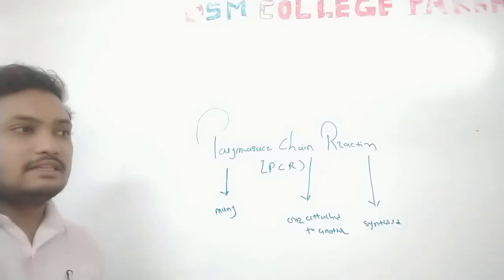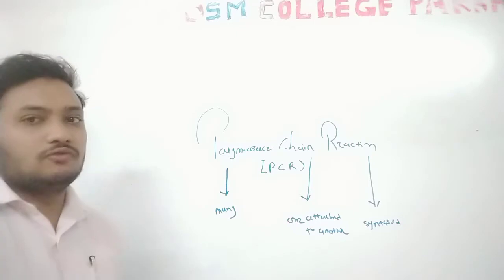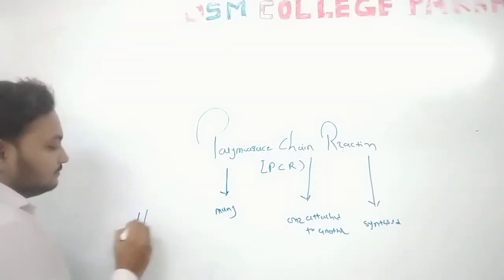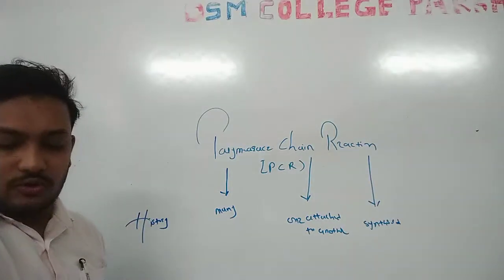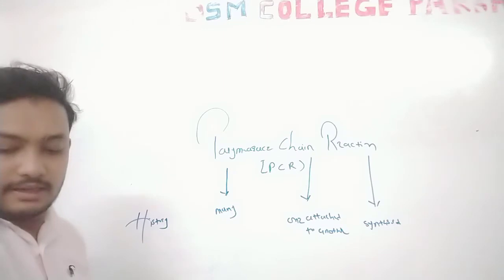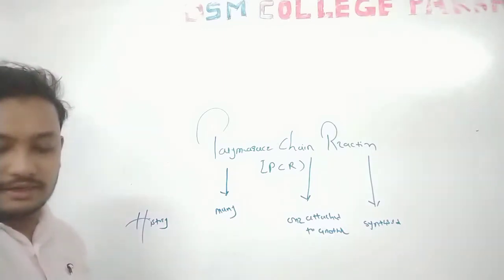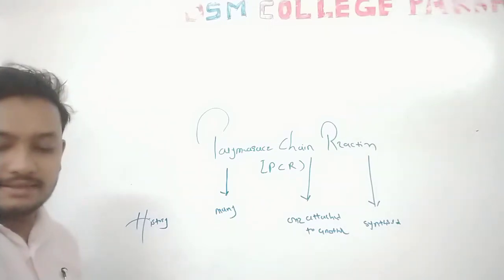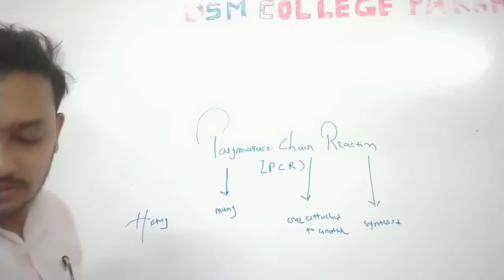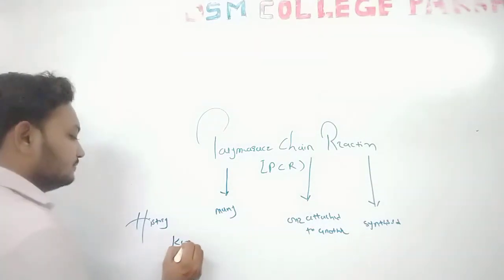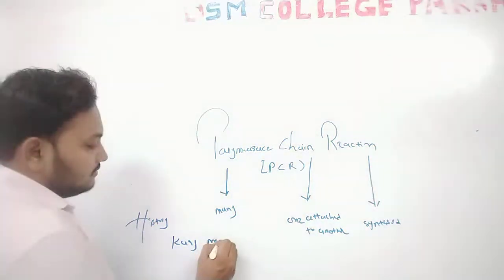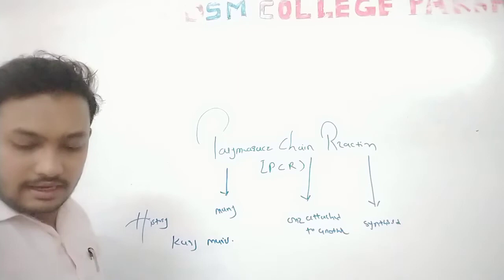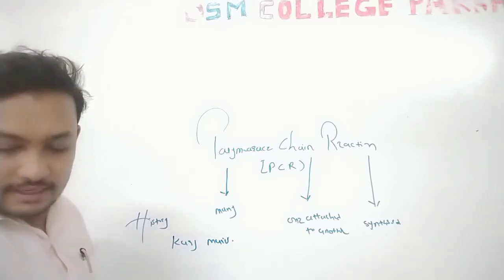So firstly we are discussing the history of the polymerase chain reaction. PCR is a powerful technique for amplifying DNA. It was discovered by the scientist Kary Mullis in the year 1983.